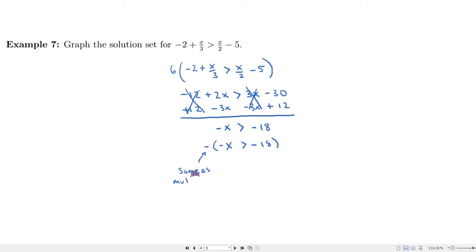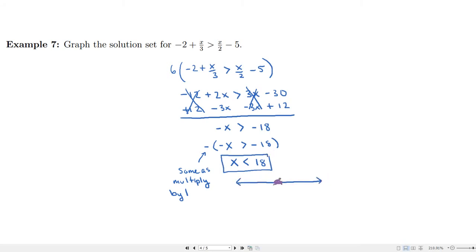So what's that going to do? Well, this is going to become an x, but I'm negating this, so this is going to swap the inequality because you're multiplying by a negative, and then this will become 18. So there's our solution.